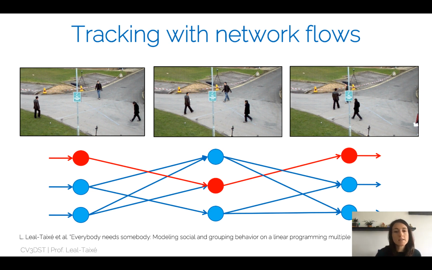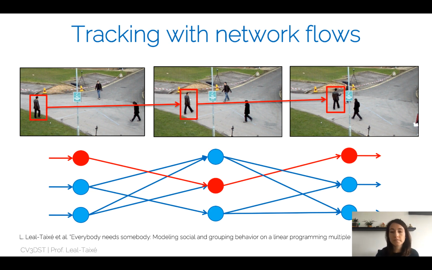So for example, in this case, we see that if we connect these red nodes in our graph, if the edges between these nodes would actually become active, we would recover the trajectory of one pedestrian. So again, each node represents a detection. So when I connect 2 nodes with a red edge, for example, what I'm effectively saying is that these 2 nodes are representing the same person.